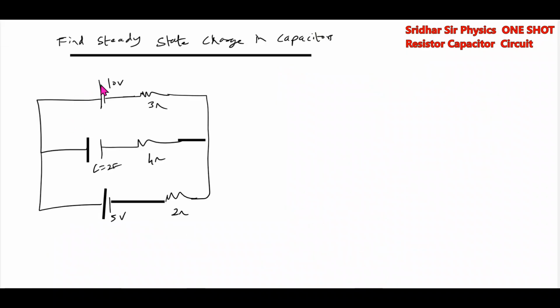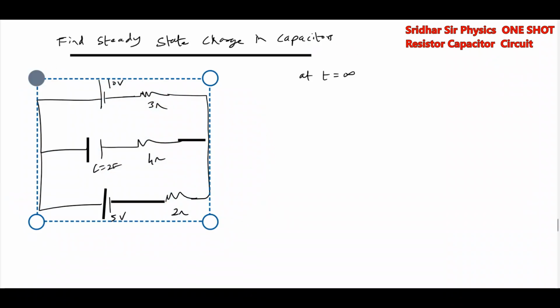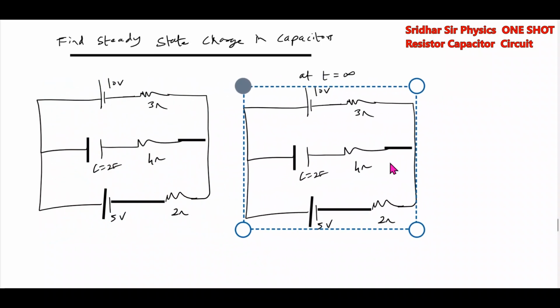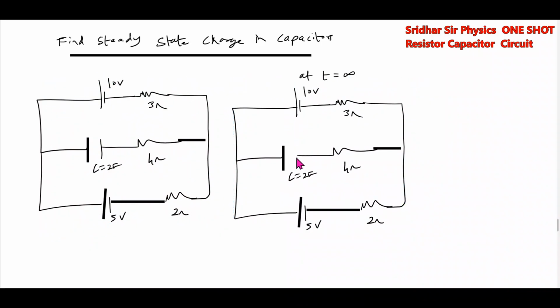Fine. Now we have to calculate the steady state charge across this capacitor. At t equal to infinity, after a long time, we'll draw the circuit. What will the capacitor be? We have to replace the capacitor with an open circuit. Already you know the method. Where all capacitors are there, I'll replace them with an open circuit. Where there is an open circuit, there is no current, so the current will flow only here.